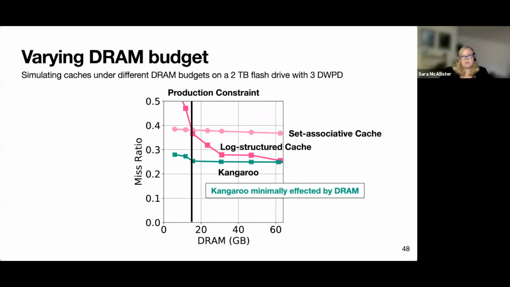Kangaroo is better than both the log structured and set-associative cache over the entire range of DRAM budgets that we present here. It's also minimally affected by DRAM because it can adapt to less DRAM. Even on the right side, where the log structured cache starts to approach Kangaroo, Kangaroo keeps an advantage over the log structured cache, and we see this as we increase DRAM beyond the point of this graph.